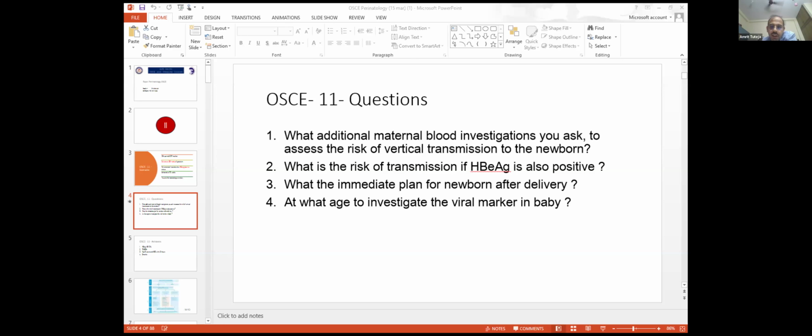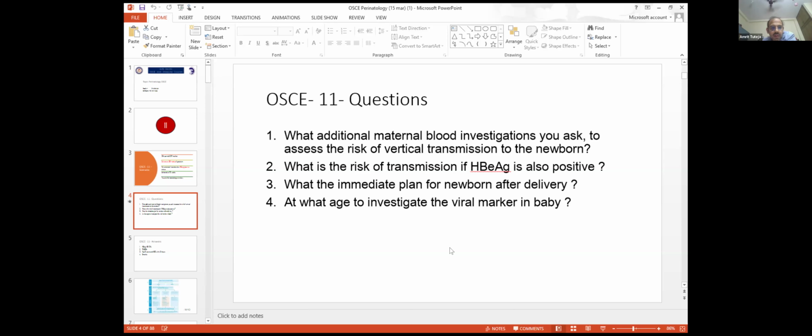Hepatitis B, HBeAg, and viral load. Very good. So these are the two investigations. So if HBeAg is positive, what is the risk of transmission? How much percentage increase?